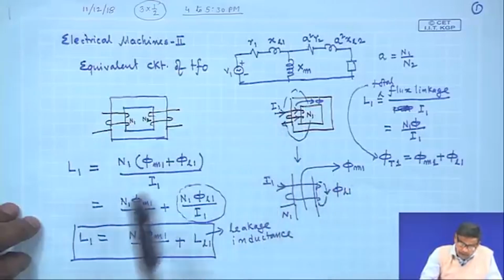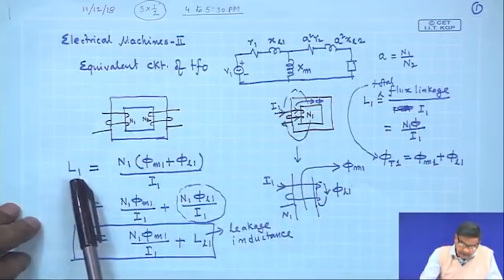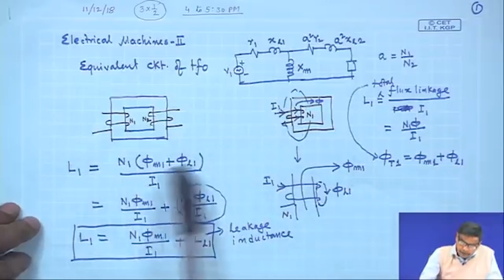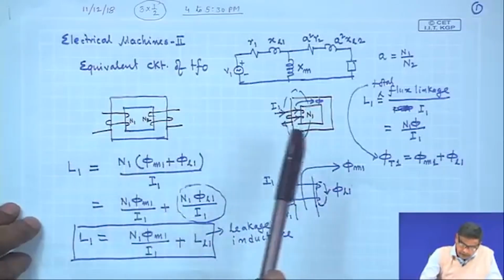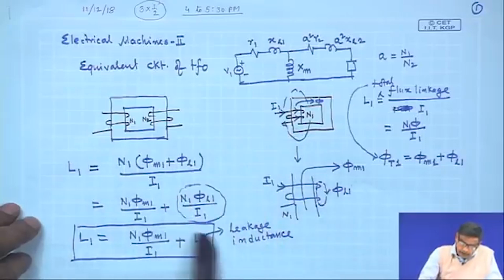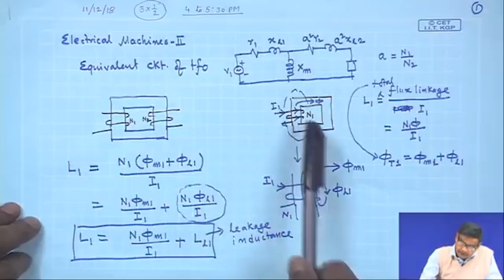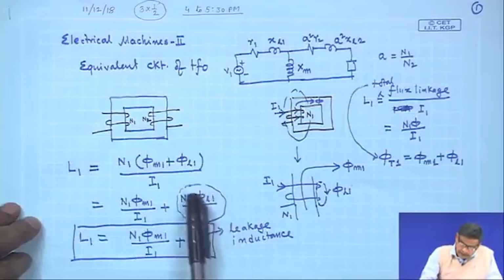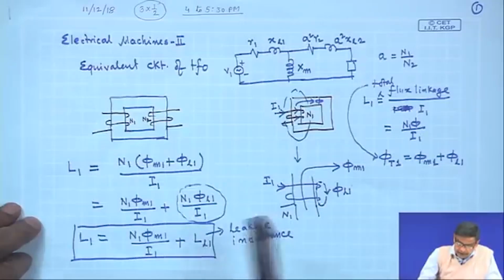Suppose coil 1 carries current I1, then inductance is defined as total flux linkage per unit ampere. So, (phi m1 plus phi L1) by I1, into N1, gives you the inductance. The part of the flux which completes its path through the air gap causes the leakage inductance, which is LL1, and this is L1.